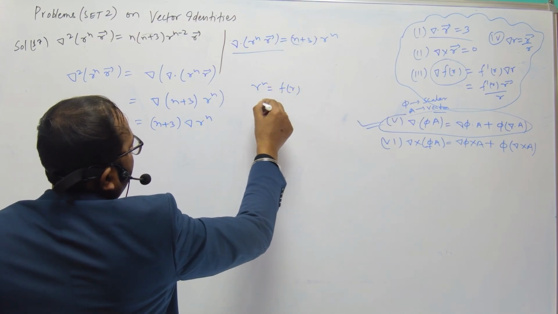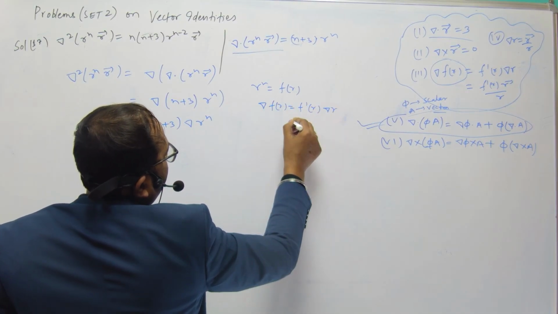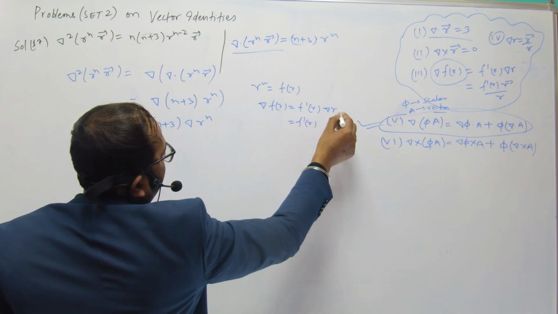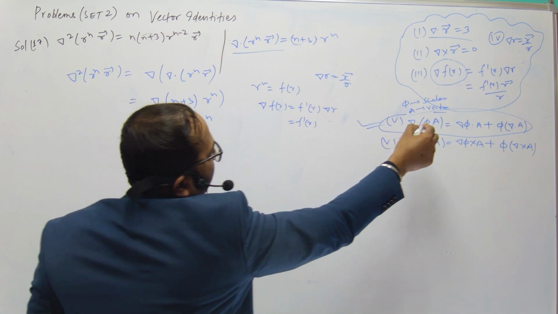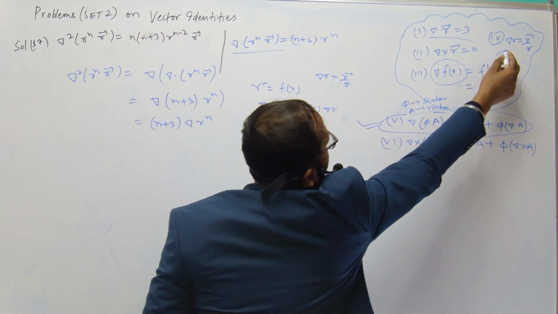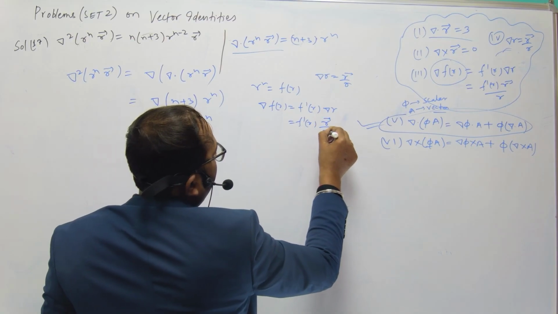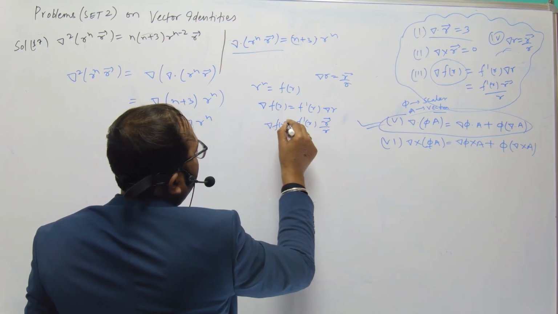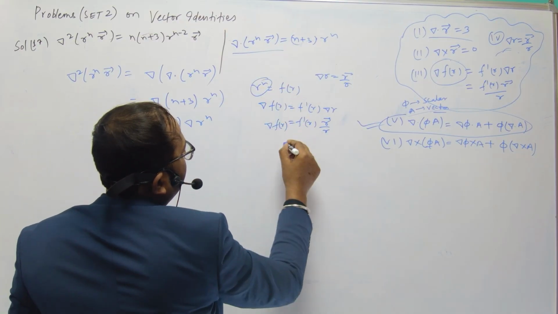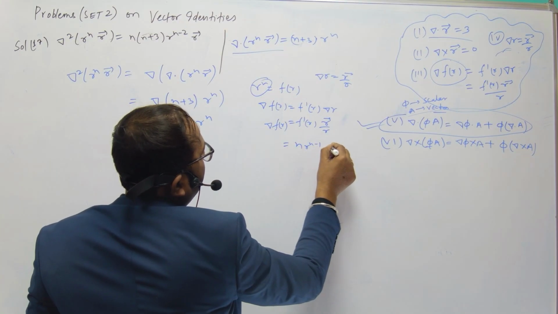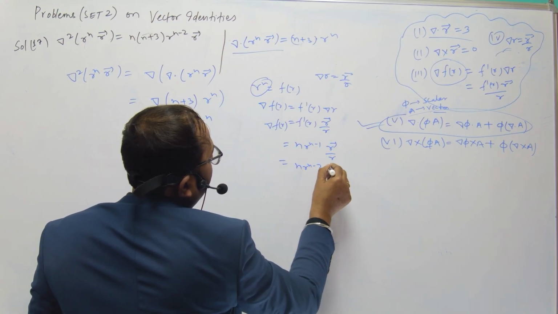We have del of f(r) is f'(r) del of r, where del of r is r vector upon r. Using the fourth expression, r vector upon r del of f(r). So we have the value of f(r) as r^n. So this is equal to n r^(n-1) r vector upon r, that is n r^(n-2) r vector.